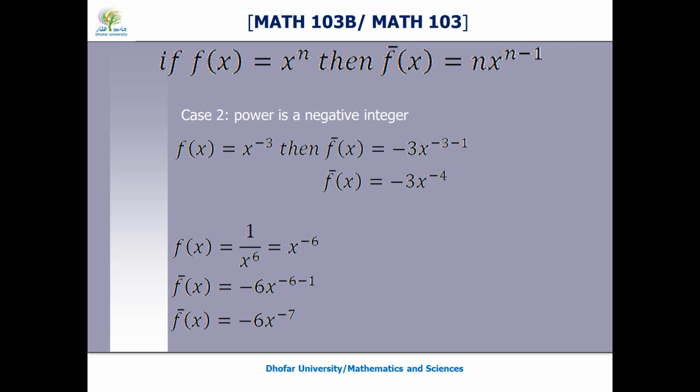Sometimes the function will be given like this, 1 divided by x to the power 6. So we can bring x to the power 6 up to the numerator, and it becomes x to the power minus 6. Then for its derivative, we apply the power rule, and we get the derivative as minus 6 times x to the power minus 7.